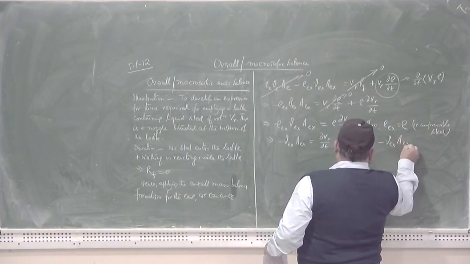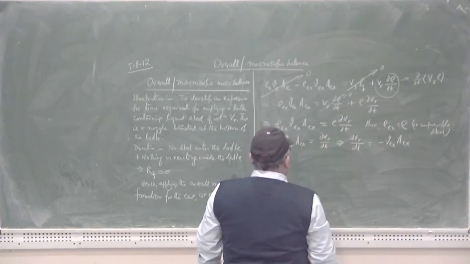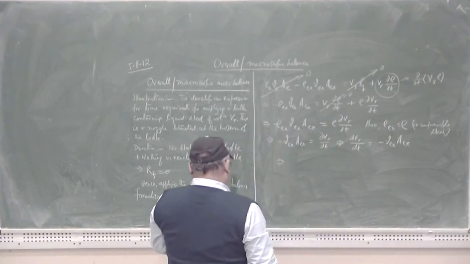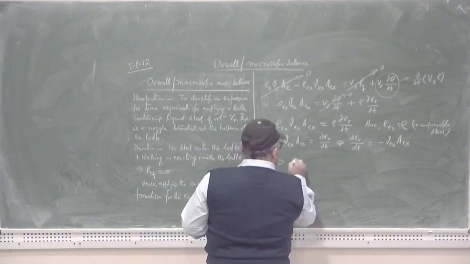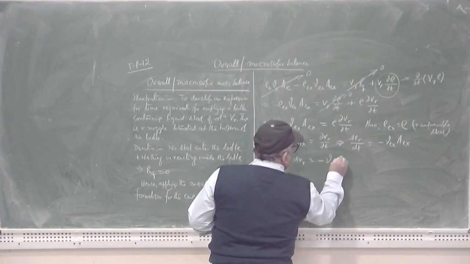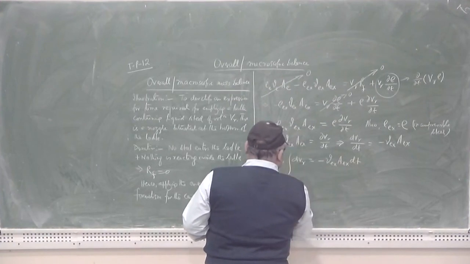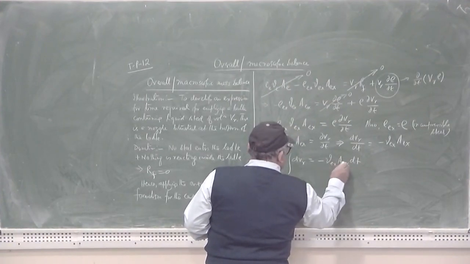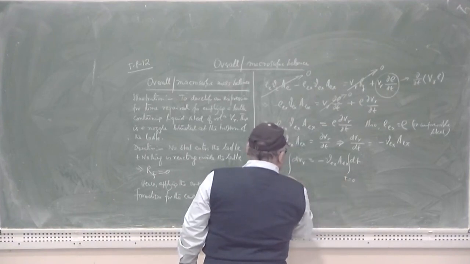Or dV_R is equal to minus V_ex A_ex into dt. Integrating, initially at time t is equal to 0, what is the volume?